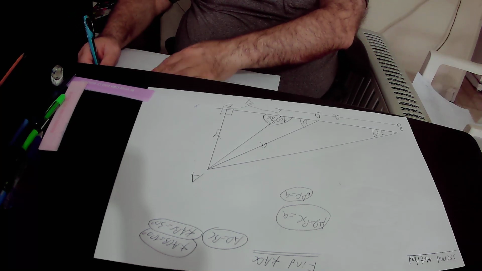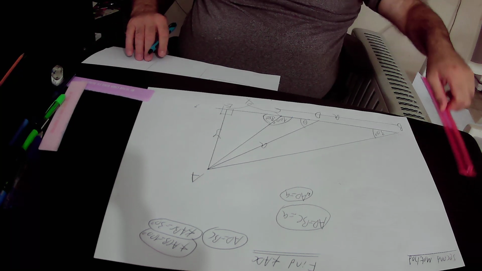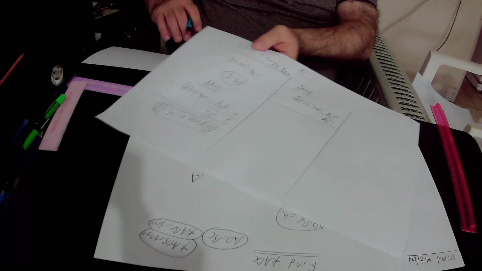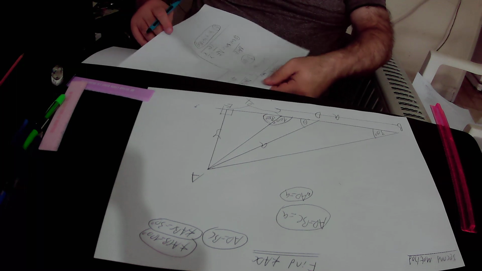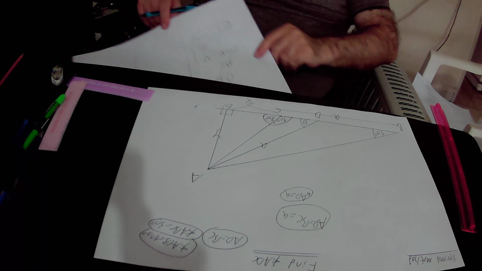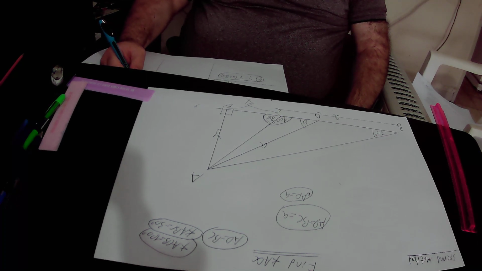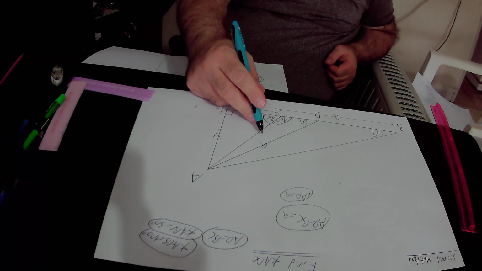I'll repeat again. In the right triangle ADE, we know that sine theta equals AE over AD. AE equals y according to our definition, and AD equals a, also according to our definition.